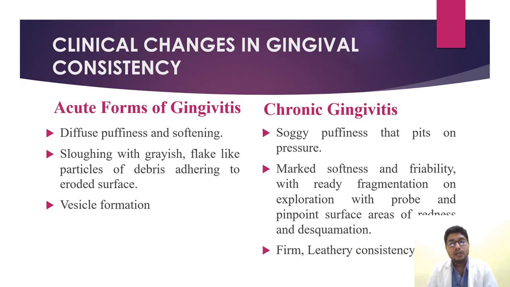In chronic forms there is soggy puffiness that pits on pressure, marked softness and fragility with ready fragmentation on exploration with a probe, and pinpoint surface areas of redness and desquamation. And in the reparative lesion, the gingiva will be firm and leathery in consistency.